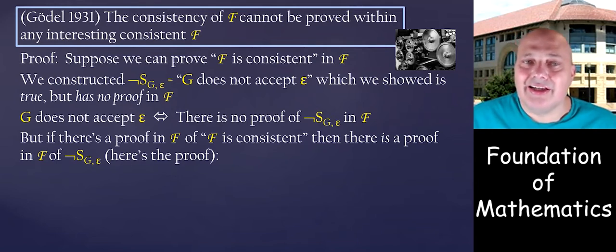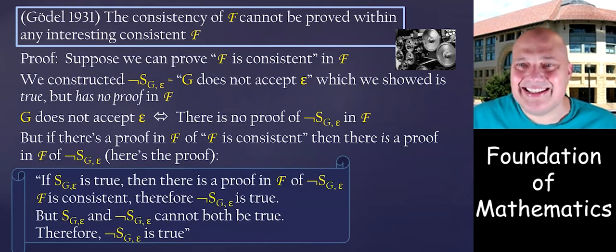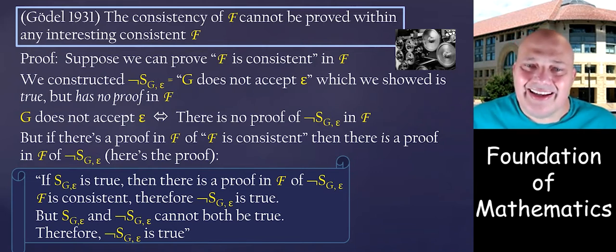So again, we're going to show that if we have a proof that F is consistent, then we also have a proof of not S_{G,ε}, and this is a contradiction. So think about that as a proof of the statement not S_{G,ε} in F. Very high level. There's lots of details to complete.